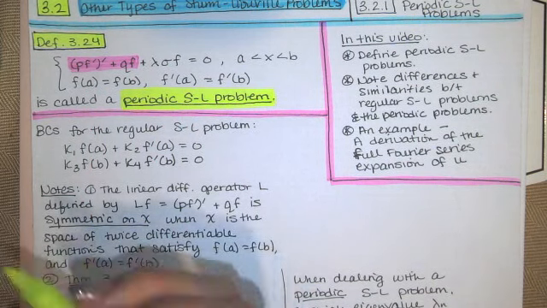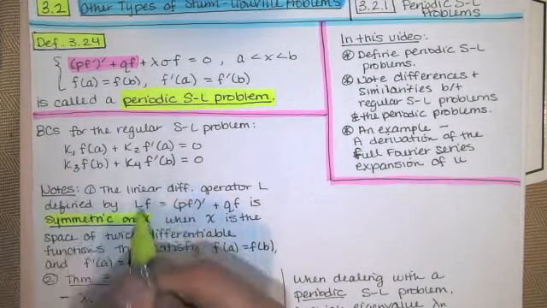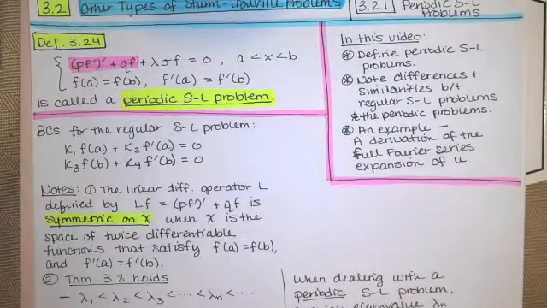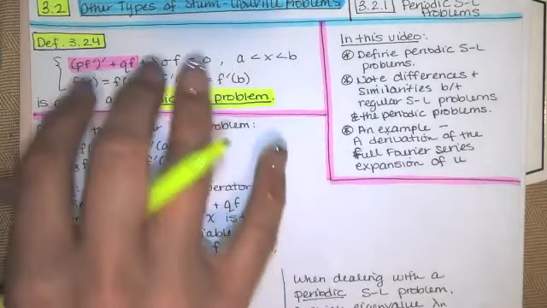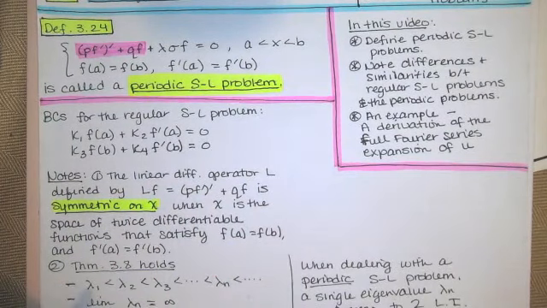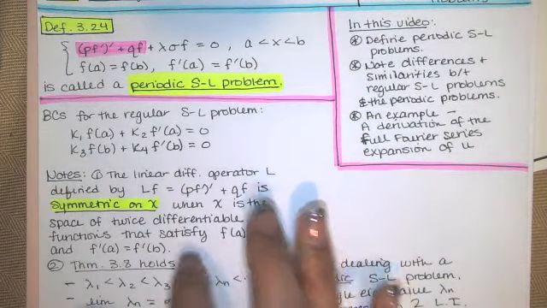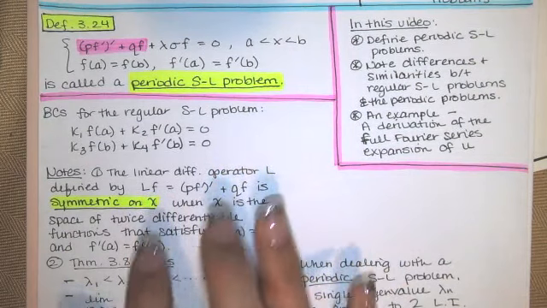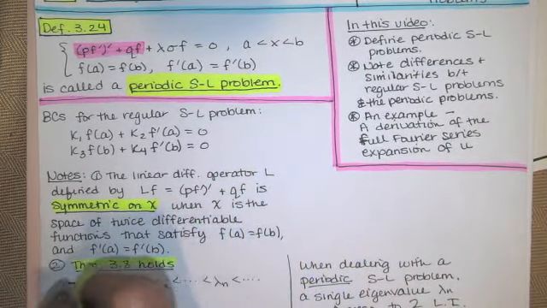Now, we also said that this operator L, the operator that gives us L applied to F equals this plus this little piece equals 0, is symmetric on chi, where chi is a space of twice differentiable functions, just so that F double prime exists, that satisfy our boundary conditions. That means, since we are dealing with a symmetric operator, that theorem 3.8 holds.